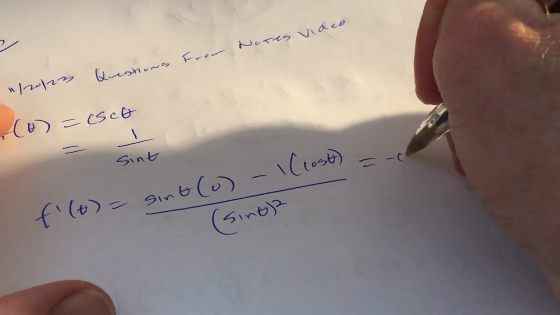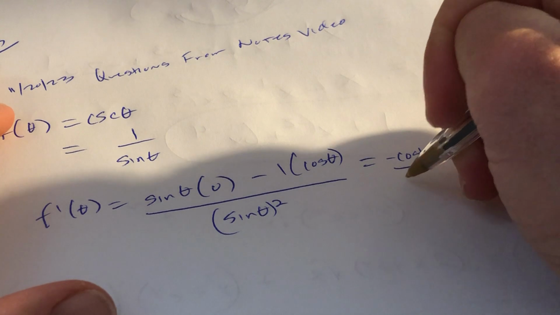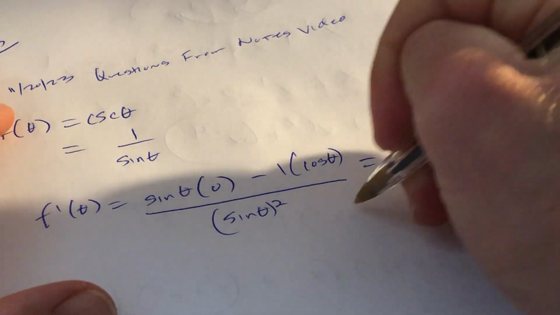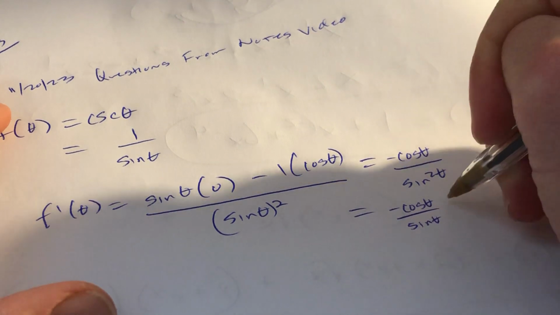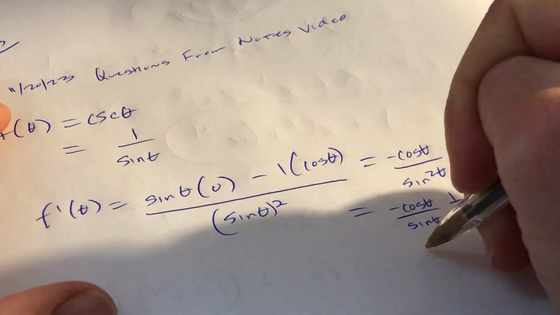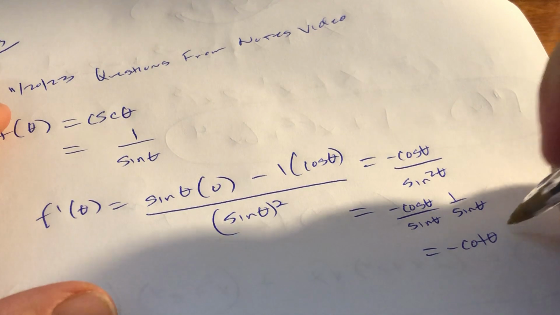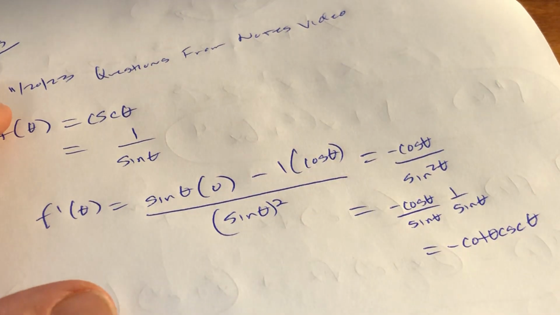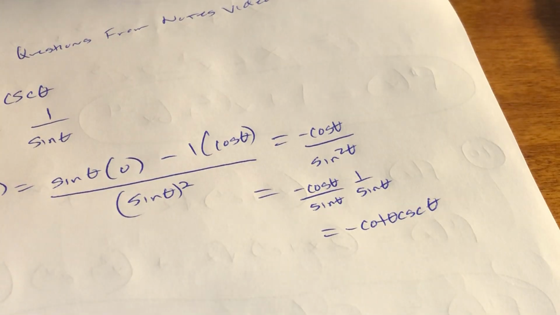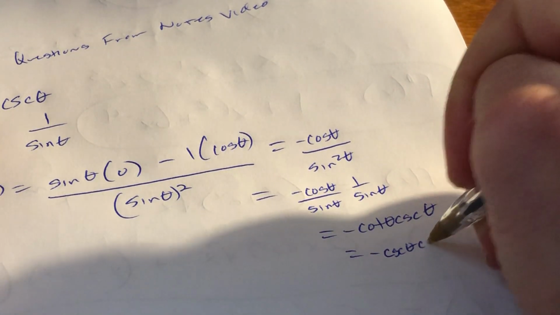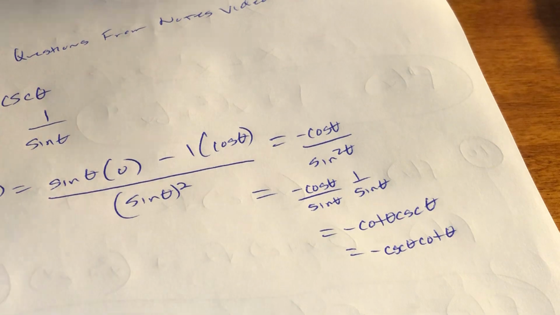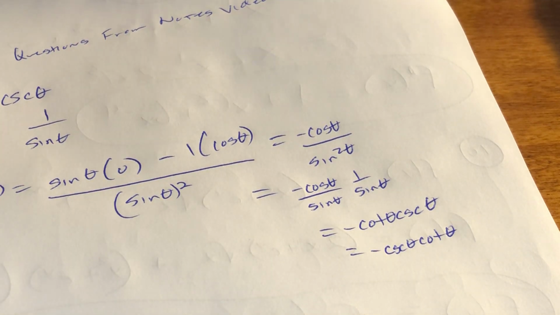So it is negative cosine over sine squared x, which, as you'll see, will be written like this. It is negative cotangent cosecant, or negative cosecant cotangent. It might be like that because you're beginning with cosecant. But you can do the quotient rule instead of trying to remember that.